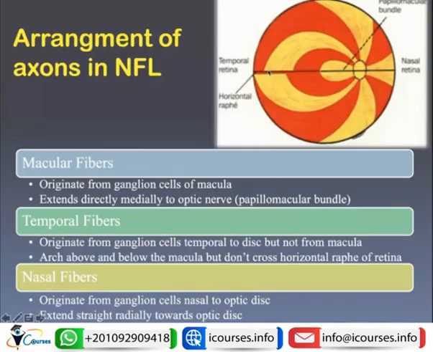So the temporal fibers, arising from the ganglion cells temporal to the disc but not from the macula, will arch above the macula and arch below the macula, but not cross the horizontal line, to finally end in the optic disc. While the nasal fibers originating from the ganglion cells nasal to the optic disc extend directly toward the optic disc. So they don't arch, they just extend directly to the optic disc. So this is the arrangement of the axons in the nerve fiber layer of the retina. I hope it's clear, and sometimes it is asked in the exam.